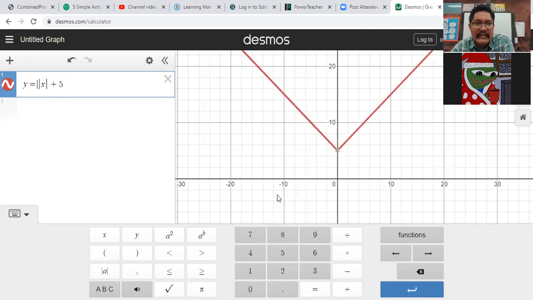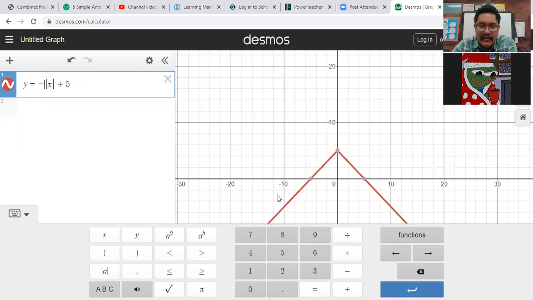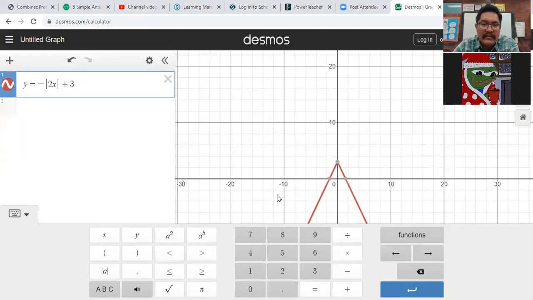So you can kind of see here, I'm adding and taking away that minus. So now it's going to open downwards. And we could probably even just punch in what we're looking at on the paper. So we can see that it's kind of a narrow graph opening downwards.